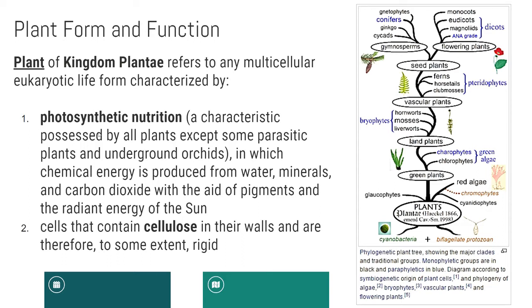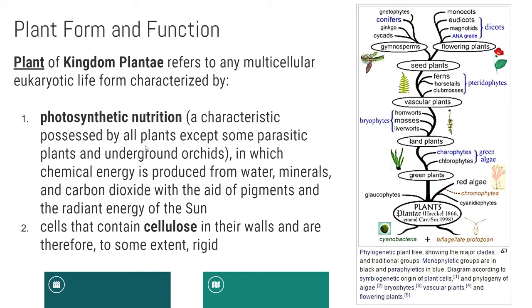They do that by producing chemical energy from raw materials such as water, minerals, and carbon dioxide, with the aid of pigments, usually chlorophyll for green plants, trapping the radiant energy or solar energy coming from the sun. So plants mostly are capable of photosynthesis, and that's how they create their nutrition.